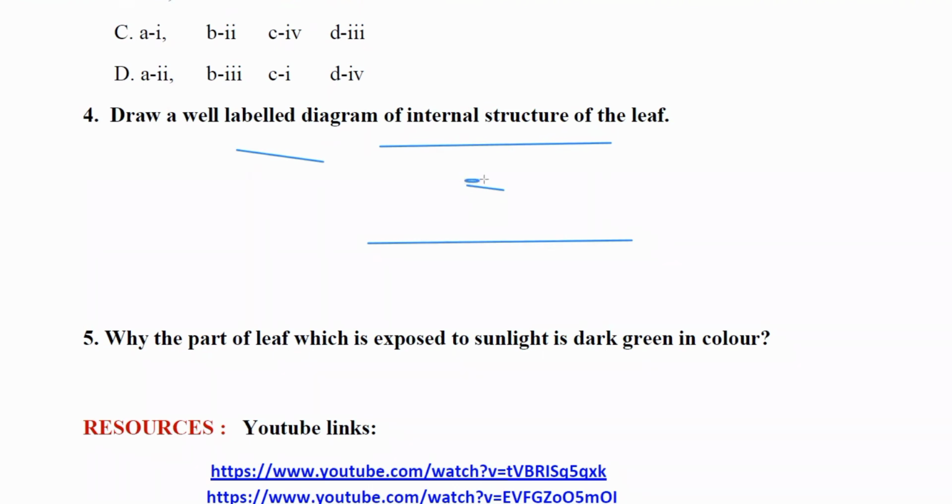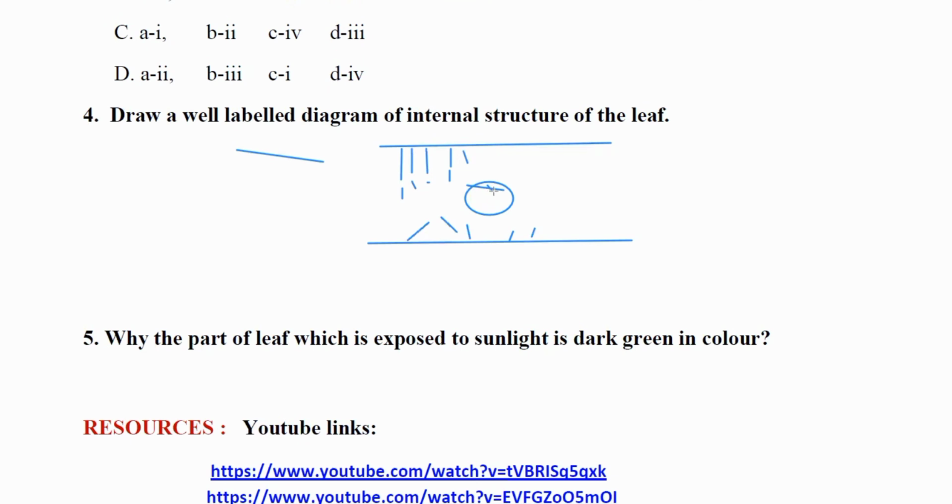This is the vascular bundle. These are the palisade parenchyma arranged in two rows. The spongy parenchyma are arranged irregularly.